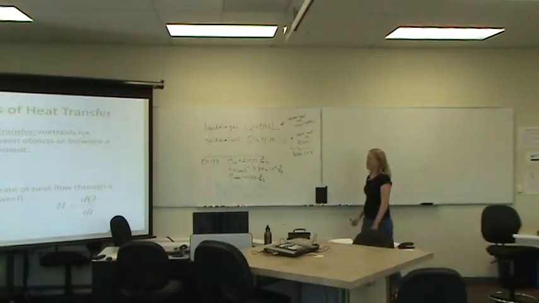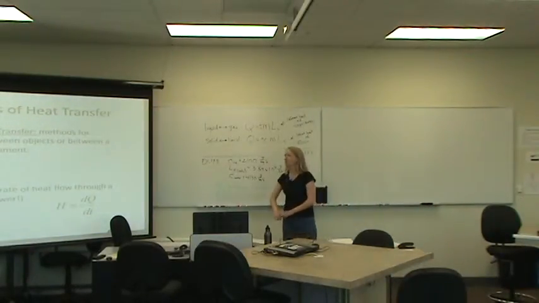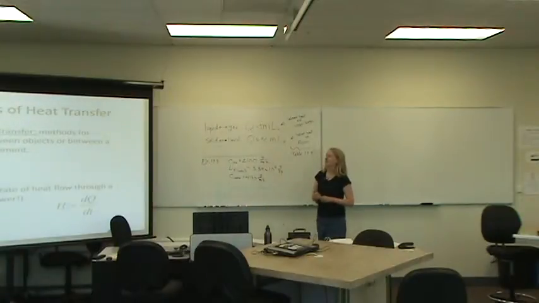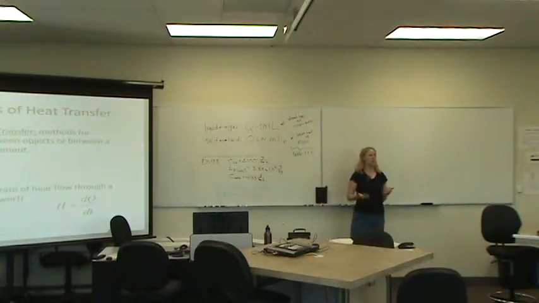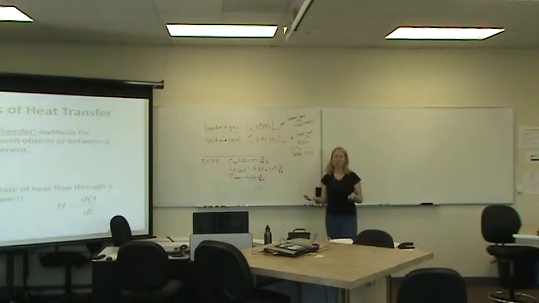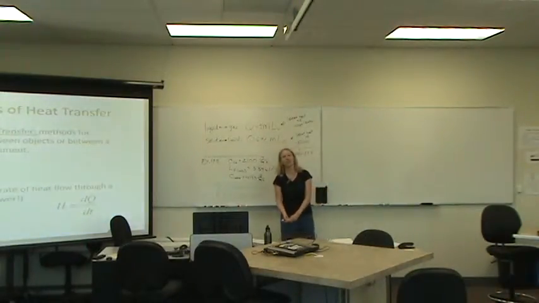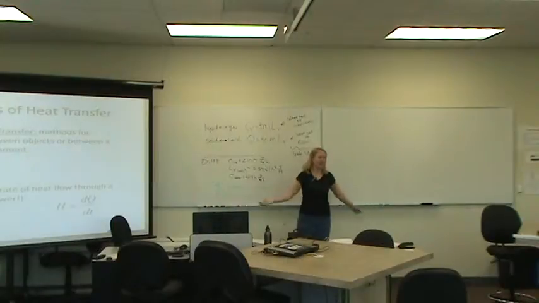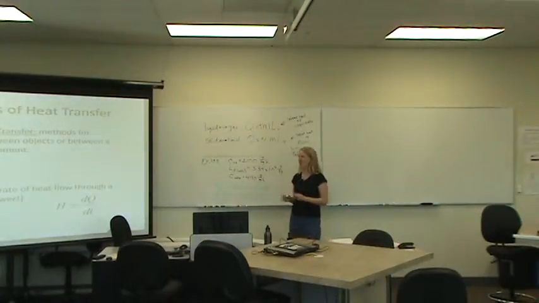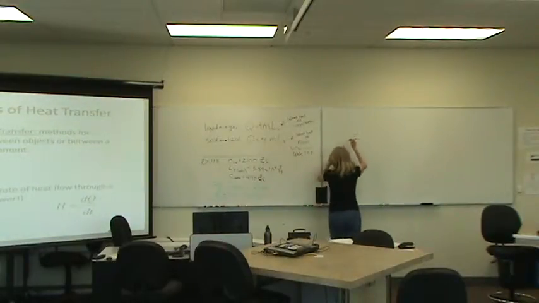Heat current is how we measure the rate of heat transfer. I don't know why this book doesn't use P, because this is power. Every other book I've seen uses P, but this book uses H. So to avoid confusion, I'm using H. But the units are watts, just because it's still power. And they call it heat current.